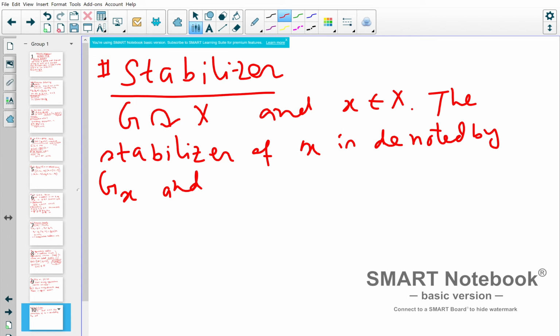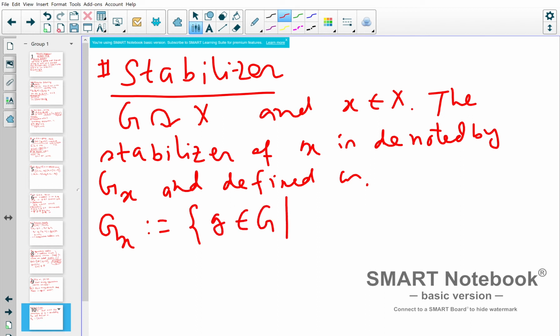How do we define it? It is the set of all elements of G which fix x. So what does that mean? Gx by definition is the collection of all g belonging to G such that g dot x is x.